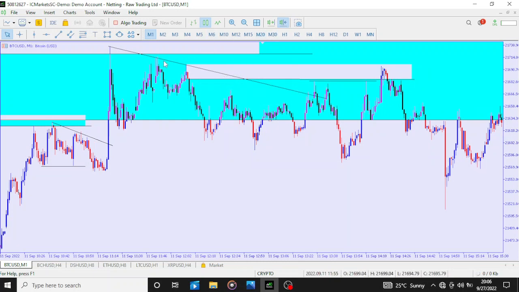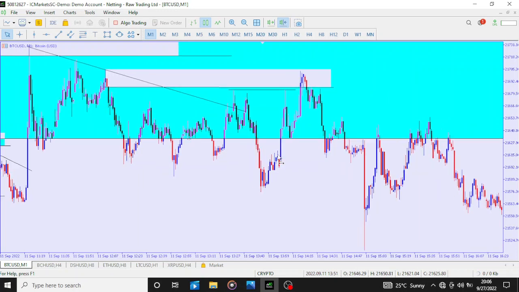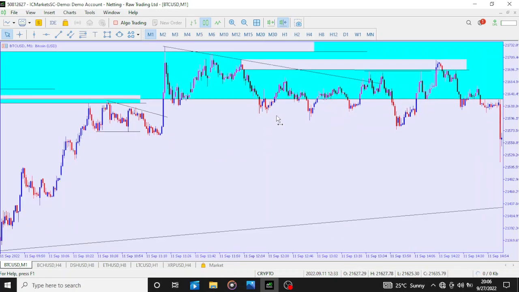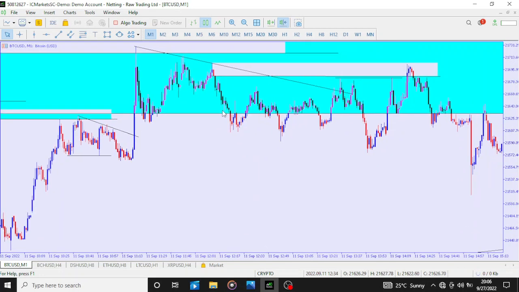So we expected the price to go on and grab this liquidity and go to the downside. The reason why some other people may ask why you didn't wait for this break of structure.